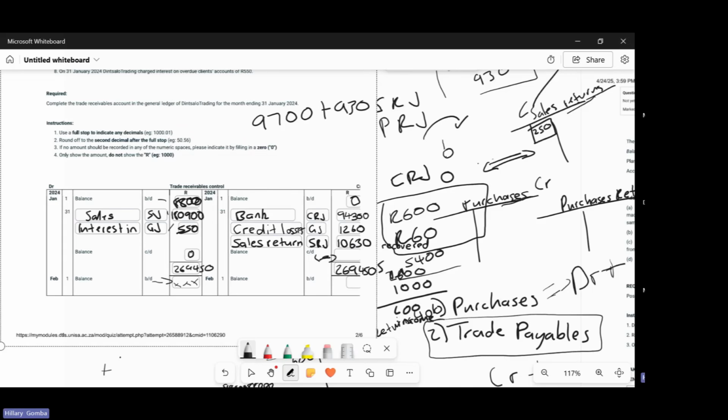So 269,450 minus 94,300 minus 1,260 minus 10,630. How much do you get? 163,260. Is everyone else getting the same amount?